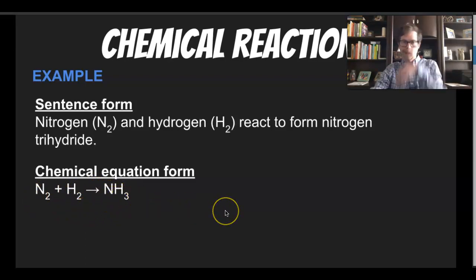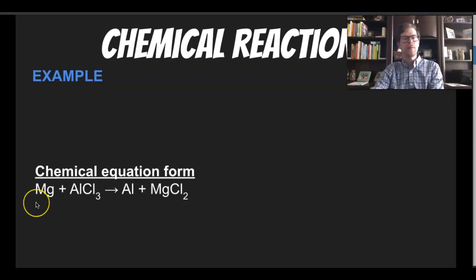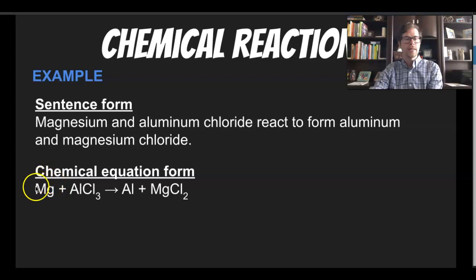Okay, another example going the other way. We might find this chemical equation and try to write it as a sentence form. So we've got Mg plus AlCl3 yields Al plus MgCl2. And in word form, what we can say is magnesium, we just looked that up on the periodic table, and aluminum chloride.